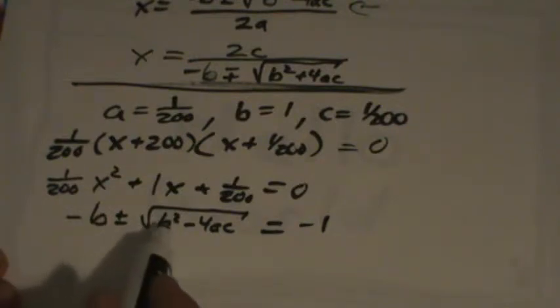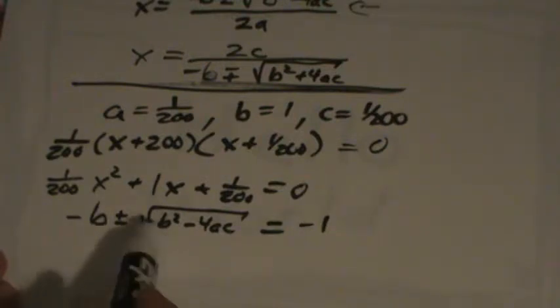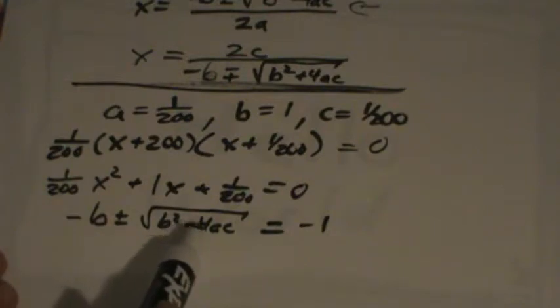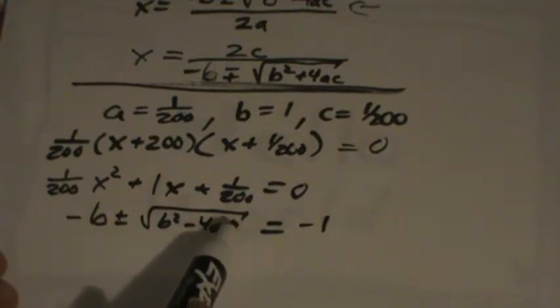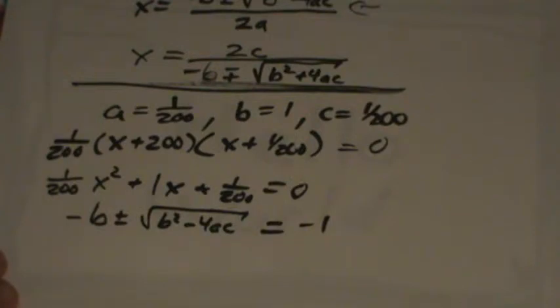When I take a look at b squared minus 4ac, what you're going to end up with is something pretty darn close to 1, because I end up with 1 minus the 1 over 200, 1 over 200 times 4. Now, this is a small number to be sure, but I end up with 1 over 100 times 1 over 100, if you think about it that way, which means it's just at the edge of my representable space. Right? 1 over 10,000. So it's right at that edge.